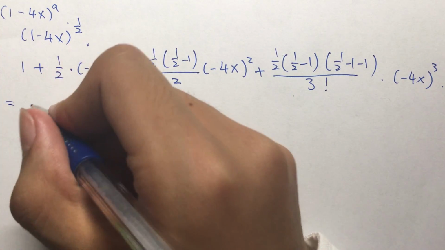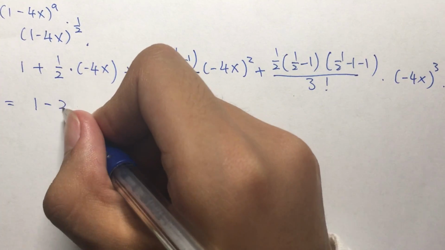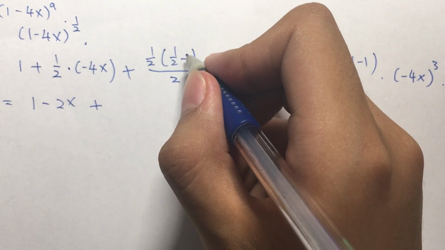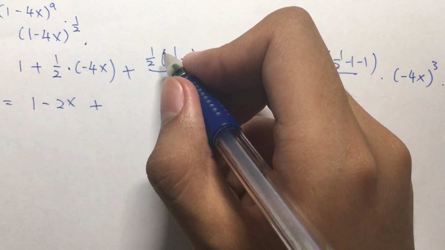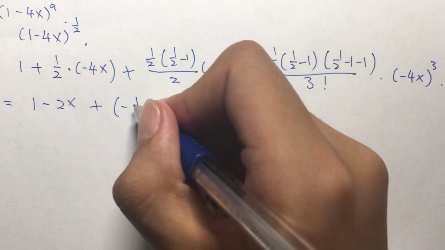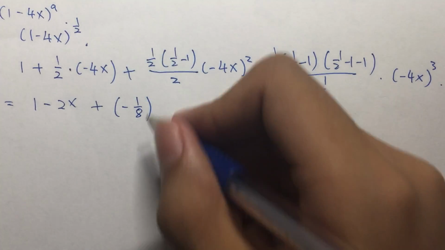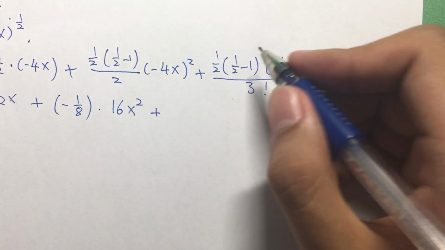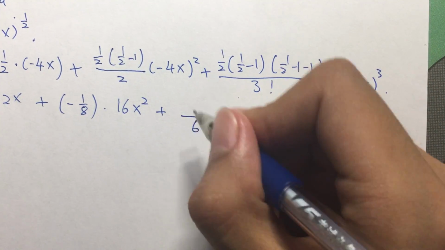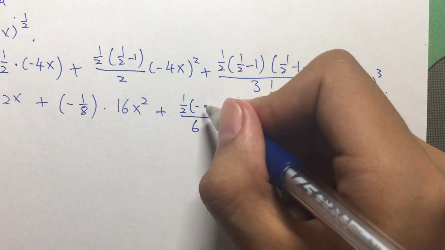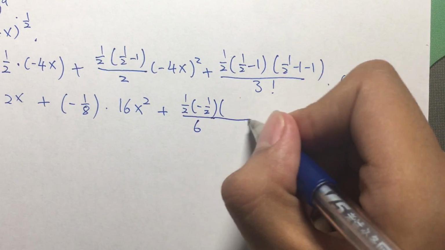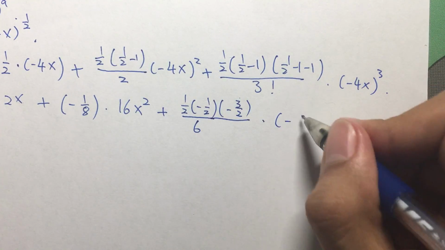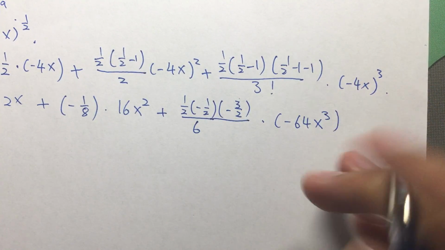And let's simplify this, which is 1 minus 2x plus, well, this is negative a half times negative a quarter, so negative an eighth, times 16x squared, and then plus, a half times negative a half times negative 3 over 2, times negative 64x cubed.